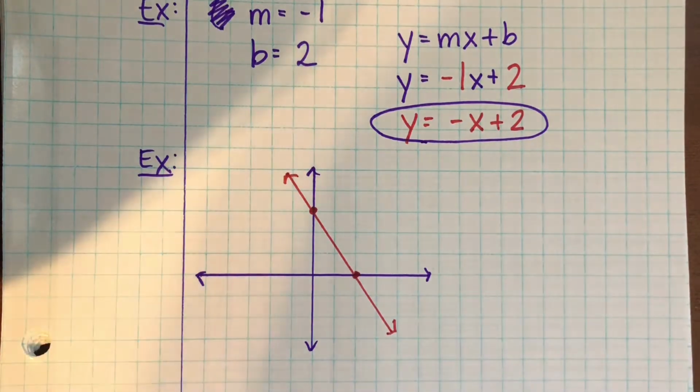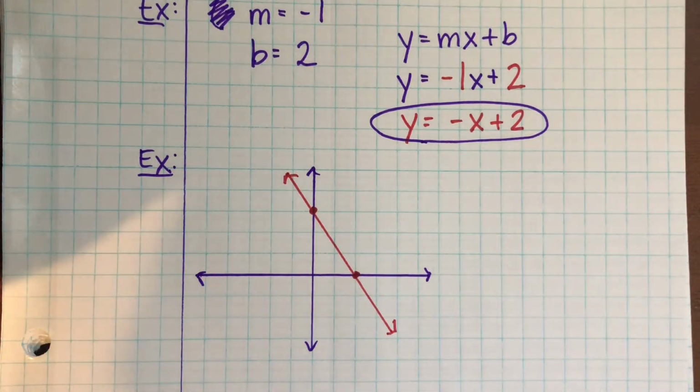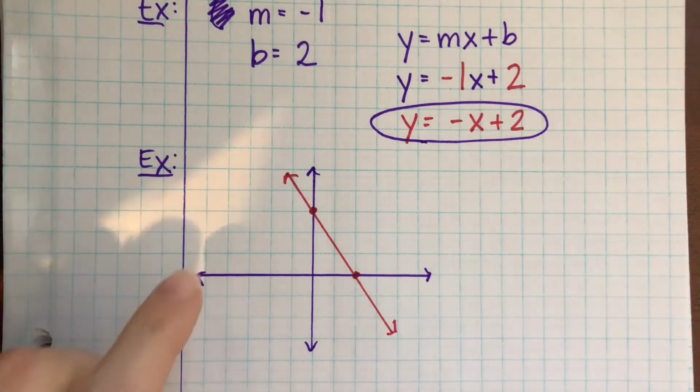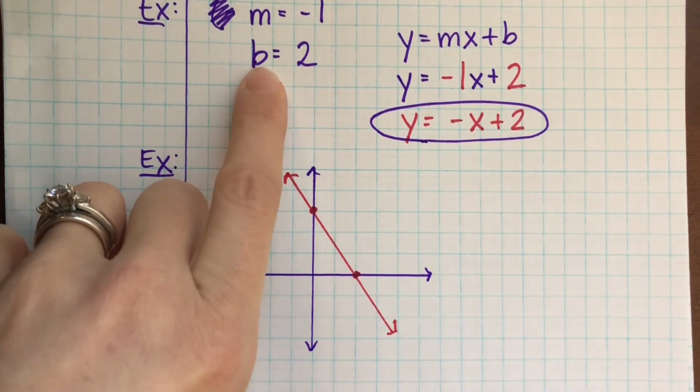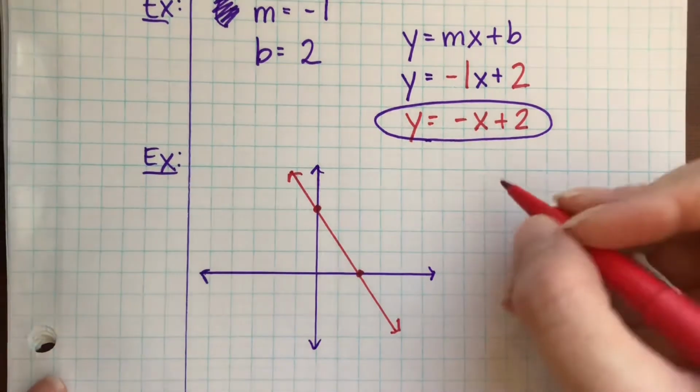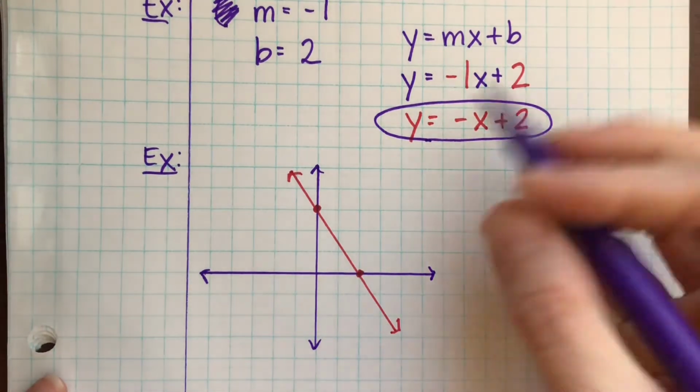Now what we're going to do is take this key information from our graph and put it into an equation. So we know that we're going to need the slope, our m, and the y-intercept, our b. Okay, so let's take a look here.